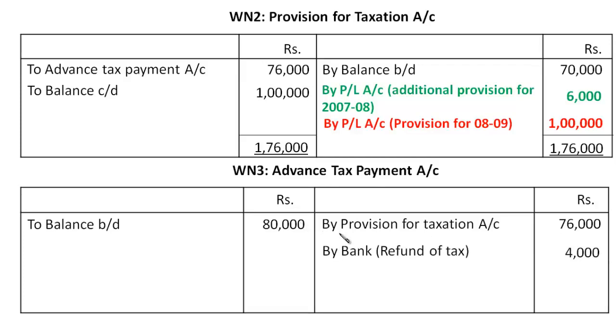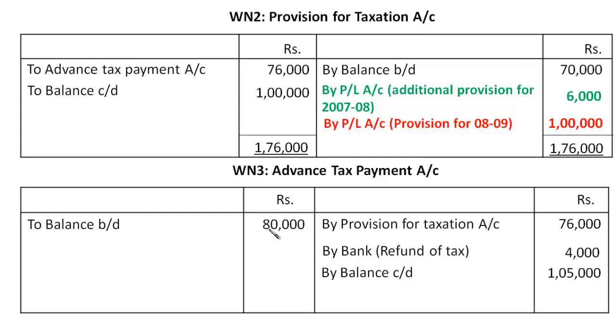So 80,000 was used in this way: 76,000 has gone for adjusting against provision for tax, and there was a refund of 4,000. But the balance should have been 0, but in the end you also note advance tax of 1,05,000.